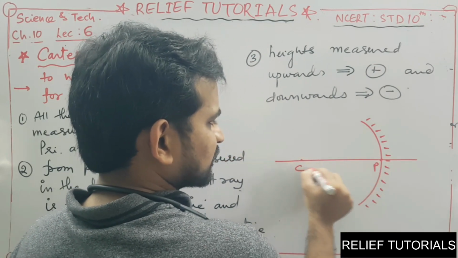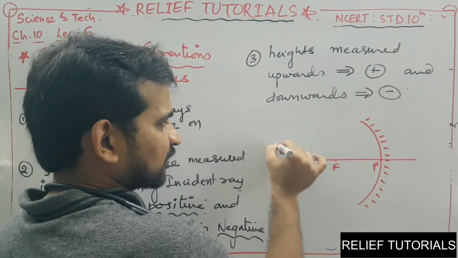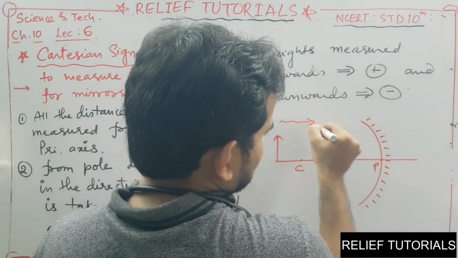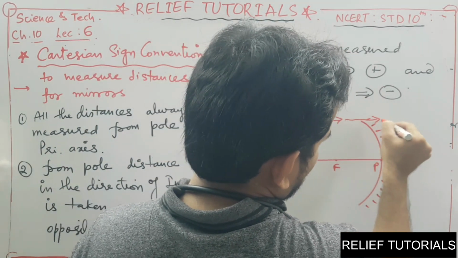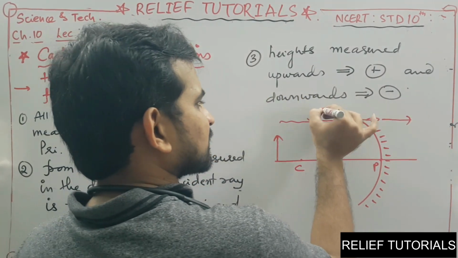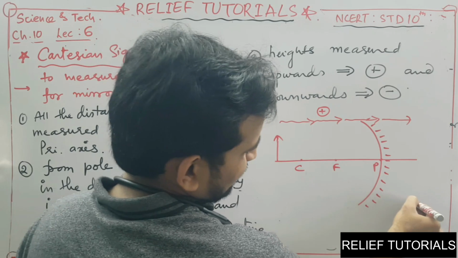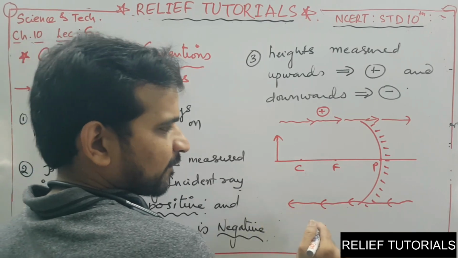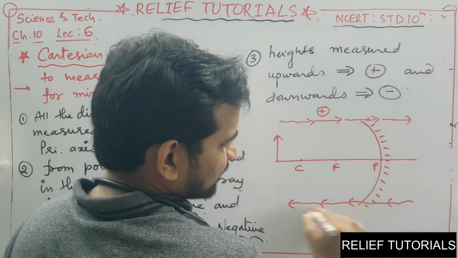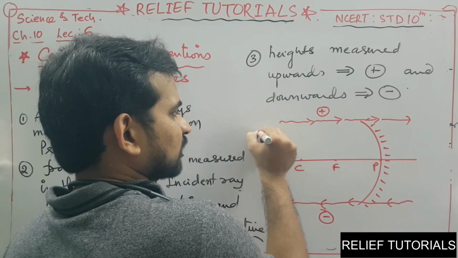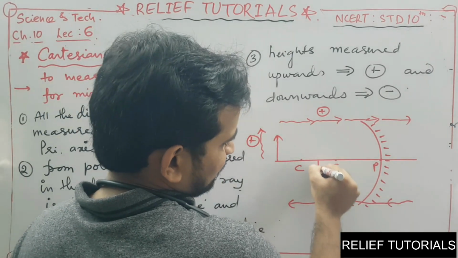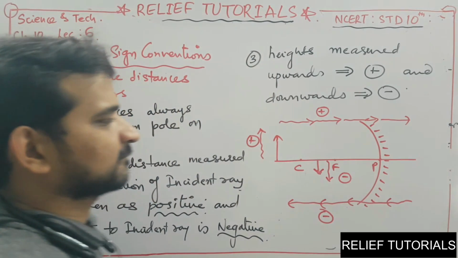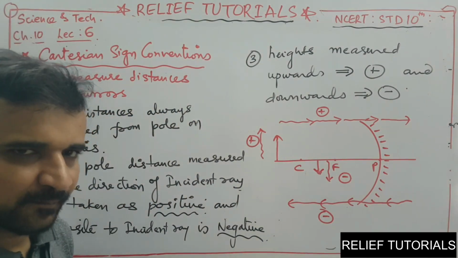This is P, C and F. Obviously we can place the object here in front of that. So these distances which are in the direction of incident ray are taken as positive, and distances opposite to incident ray are taken as negative. Upward heights are positive and downward heights are negative. The only fundamental is this.